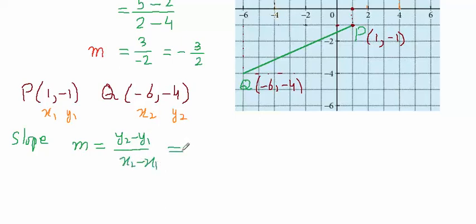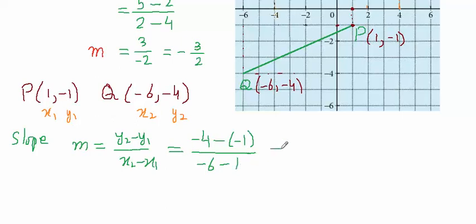So then this will be equal to y2, which is -4, minus y1, which is -1. You can write it like this, or directly you can write negative as plus. Both are correct. Then over x2 is -6 and minus x1 is 1.